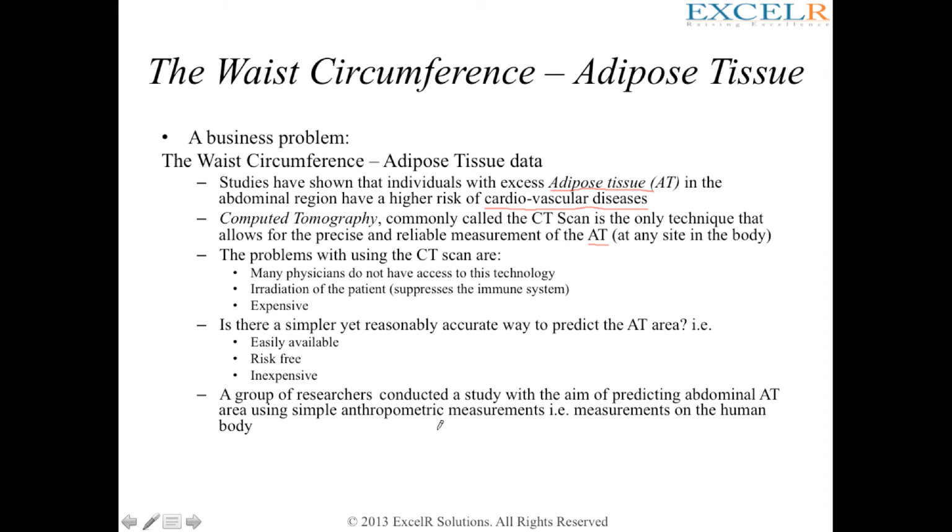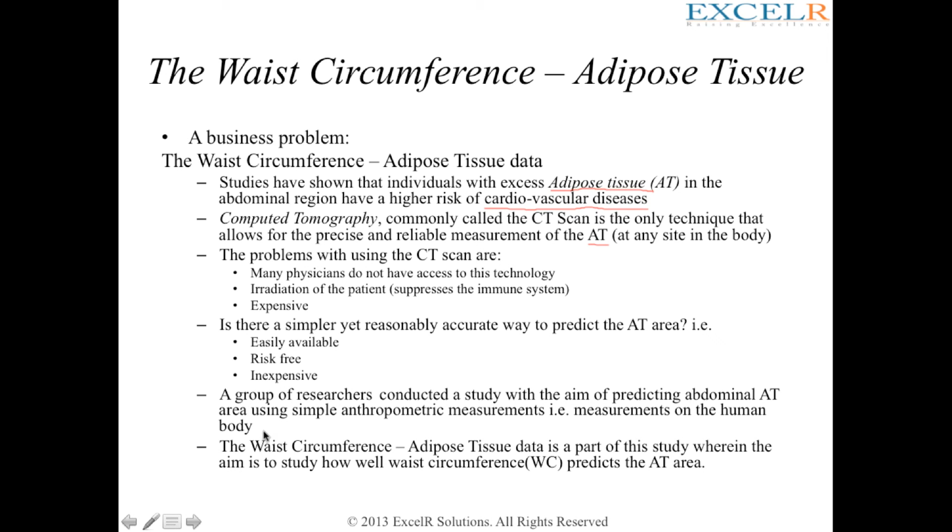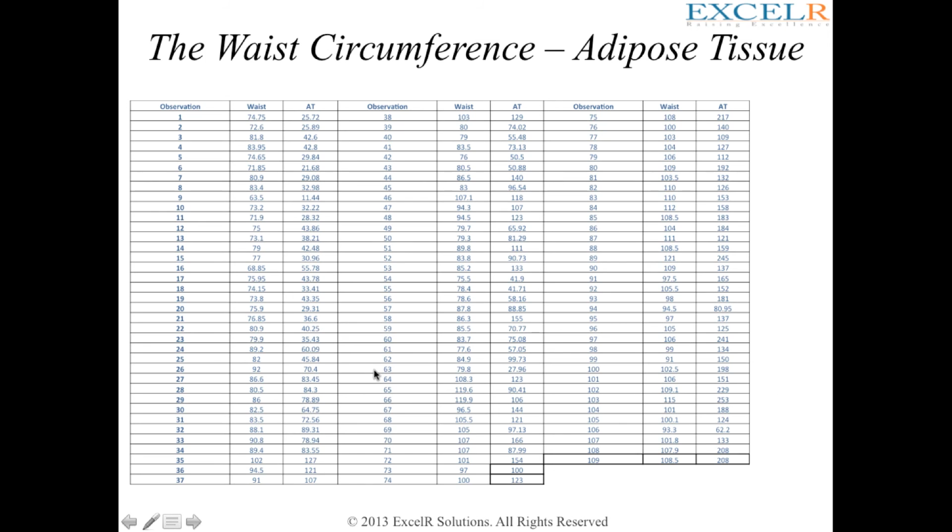anthropometric measurements, that is, measurements on the human body. That is where they came up with this study, wherein they thought, let us see whether waist circumference is a good measure to predict the adipose tissue area or not. They started collecting data from patients, and they collected 109 data points, meaning they collected the data from 109 patients.